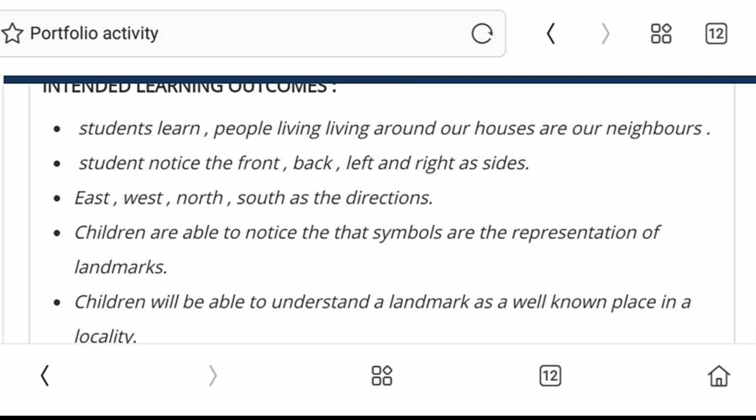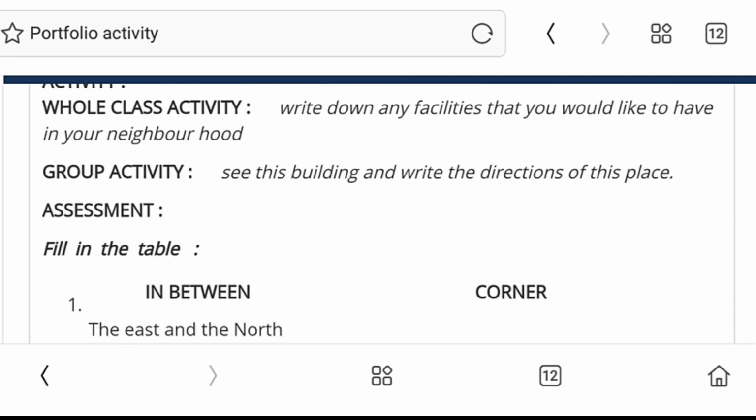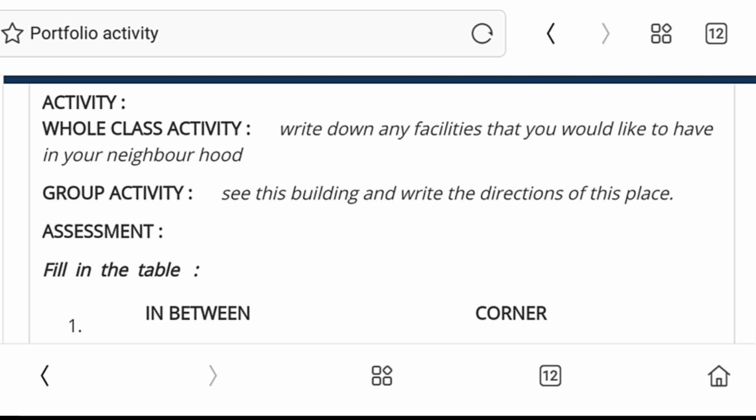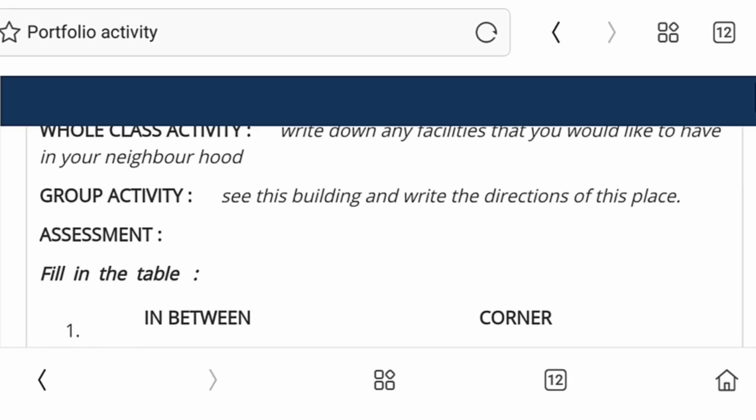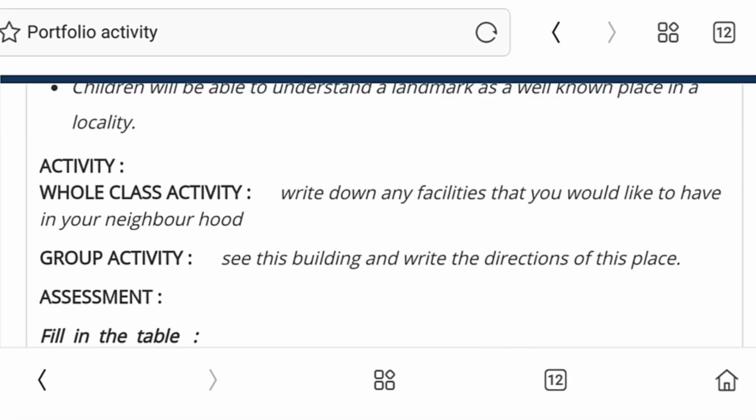Then activity. Whole class activity. First of all, I took a whole class activity. Write down any facilities that you would like to have in your neighborhood. Then coming to group activity. See this building and write the directions of the place.